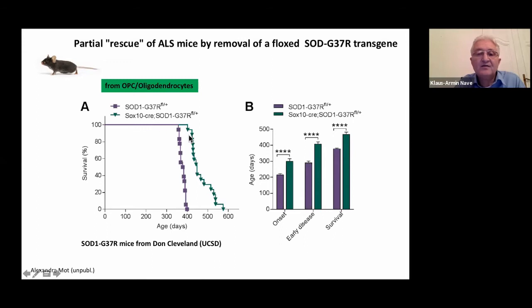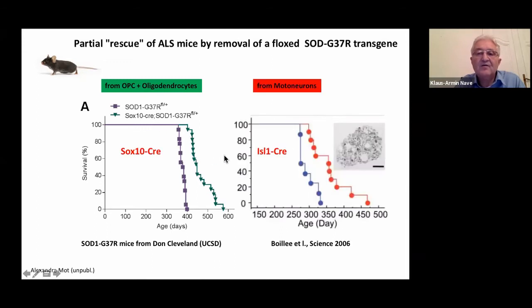What is quite interesting to compare, when we go into the literature and look at what the lab had shown previously using motor neuron specific Cres to remove expression from motor neurons, is that it's about the same amount of rescue or partial rescue that you can achieve, as we can show here with the SOX10 Cre.